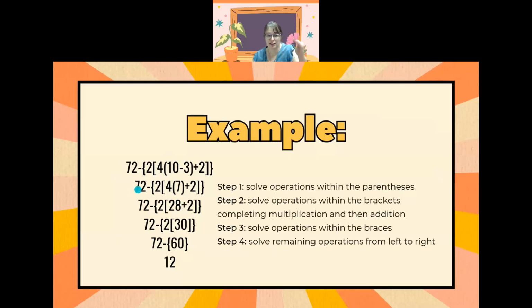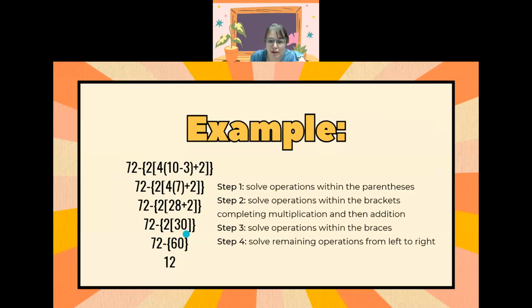We rewrite everything the same and just solve that first, so now that's a 7. Then we solve our next grouping, the bracket: 4 times 7, which is 28. Then 28 plus the 2 inside our bracket is now 30. Everything else stays the same because we haven't done those yet.